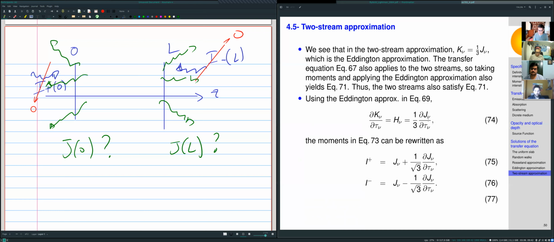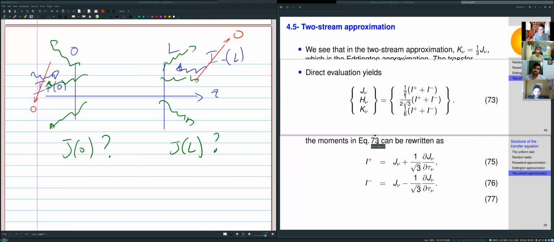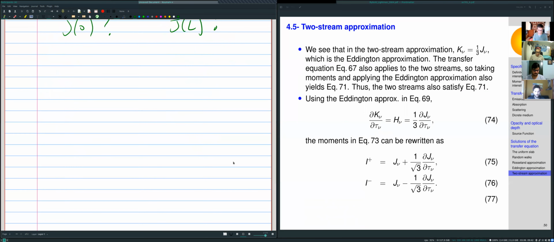Okay. And so we can, yes, we solve for, we use this equation and equation 73. Maybe I should write it down. So we use this equation along with equation 73.